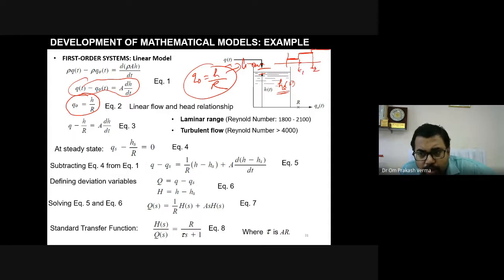For this duration the steady state value is this one, and for the other duration it is that one.